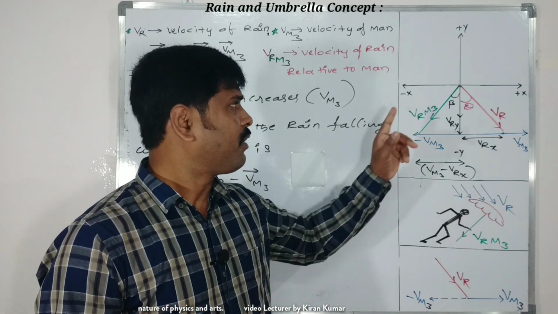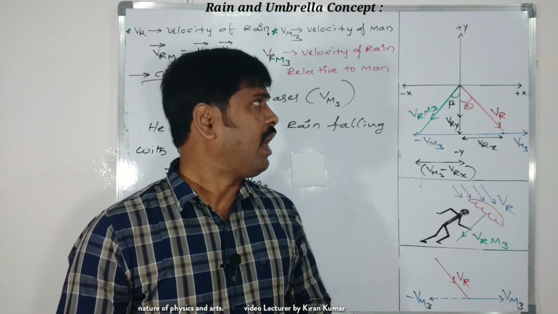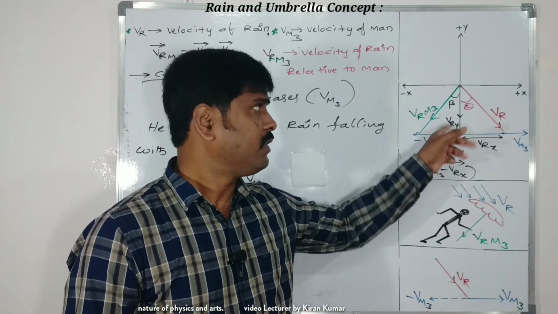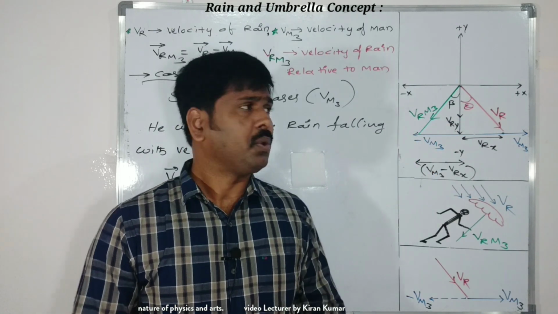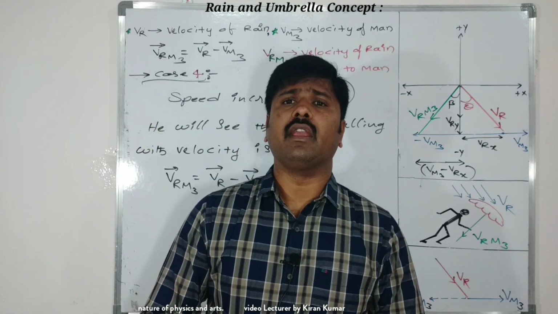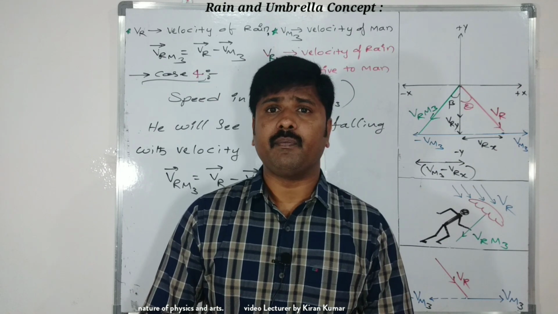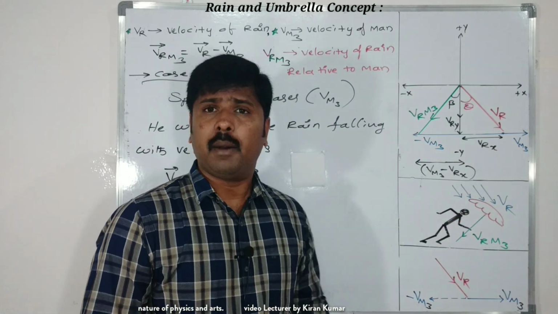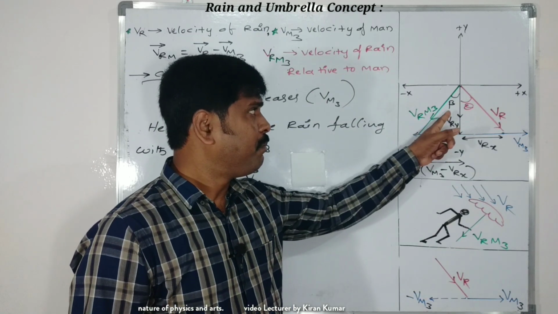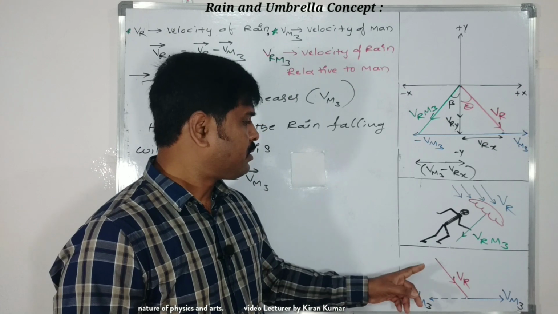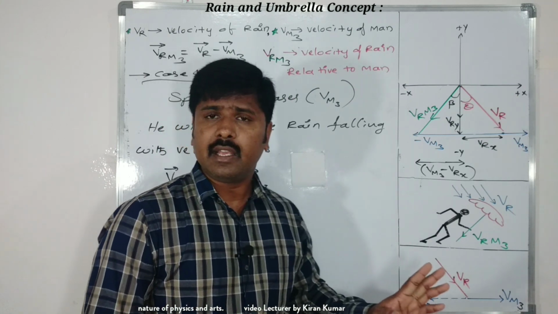Now the velocity of the rain is Vr, falling at an angle theta with the vertical. Here the man speeds up, his speed is increasing, so he holds the umbrella at an angle beta with the vertical. The diagrams are clearly given for all three cases.